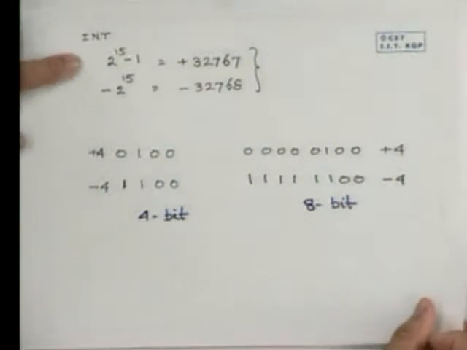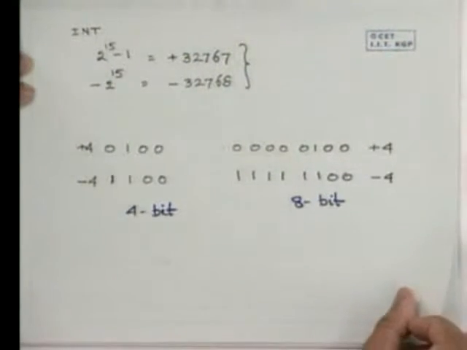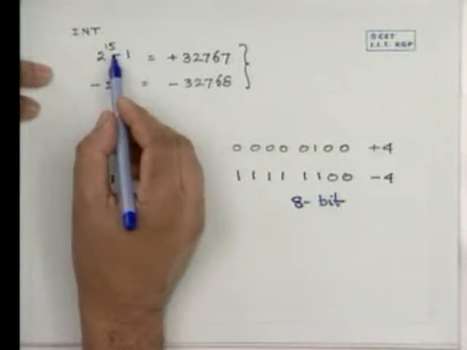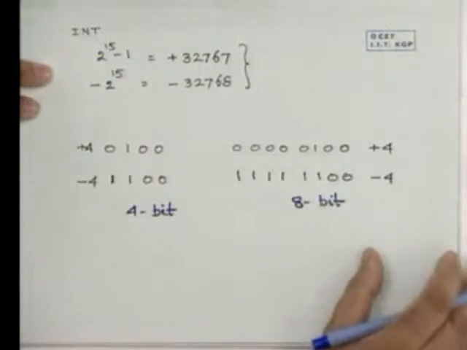Now why I say this is for the following reason. In the case of an integer, generally you have 16 bits, and therefore these are the two ranges that you can represent. Say if we have a long integer, oh sorry, a long integer is 32 bits.